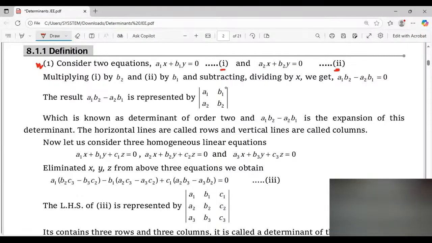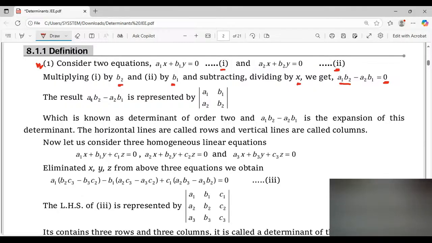Both are linear equations in two variables. Multiplying 1 by b2 and 2 by b1, and subtracting, dividing by x, we get a1 into b2 minus a2 into b1 equal to 0.